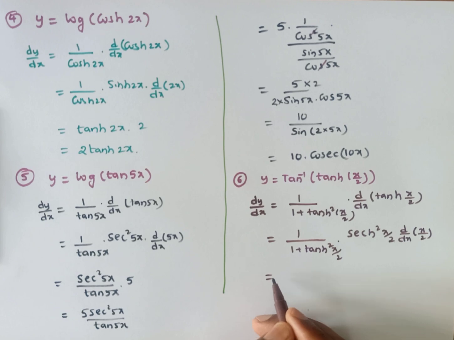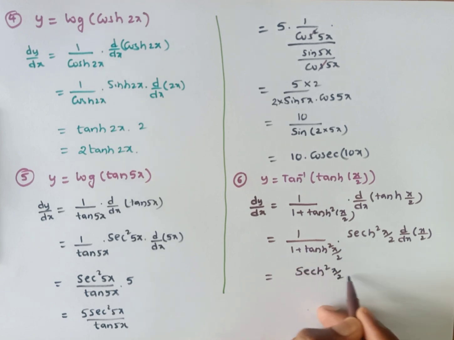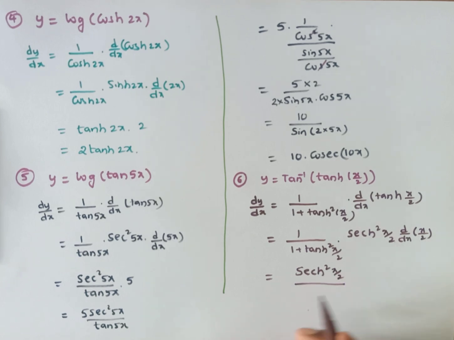So finally this is secant h square x by 2 divided by 2 into 1 plus tan h square x by 2. So this is the derivative of tan inverse of tan h of x by 2.